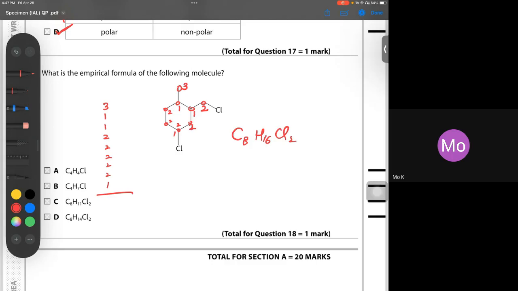Cl2, I'm going to cancel it out. I would be getting C4, and hydrogens, sorry, it's 14 hydrogens. So Cl2.